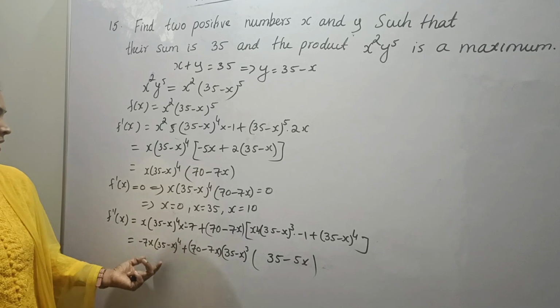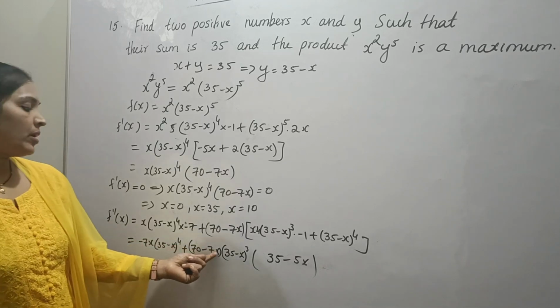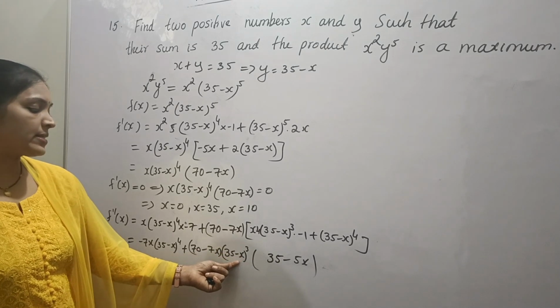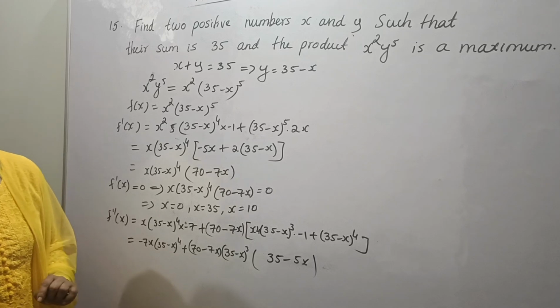You can check it. The first term will be 0, put x is equal to 0 here, we will get 70 and 35 whole cube into 35, that will be greater than 0.